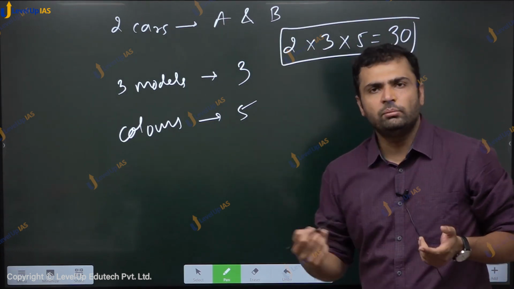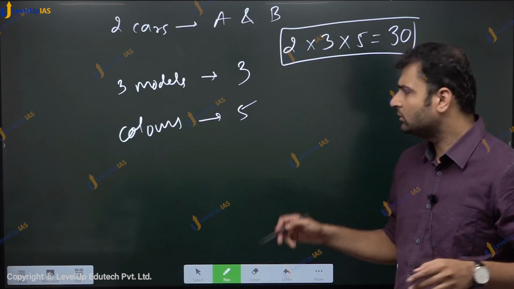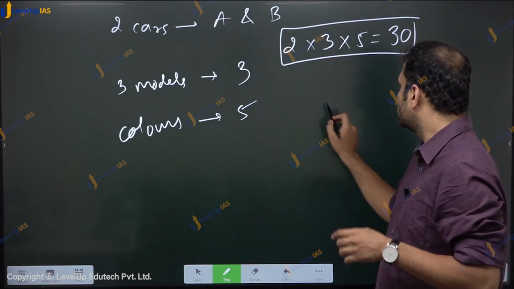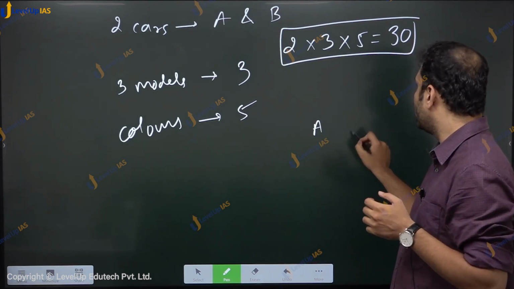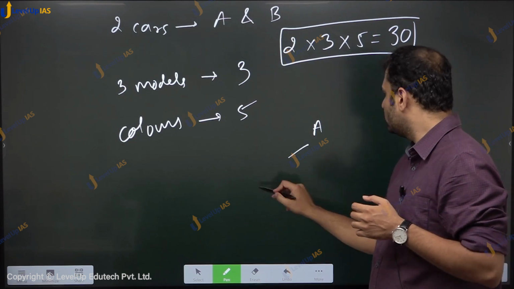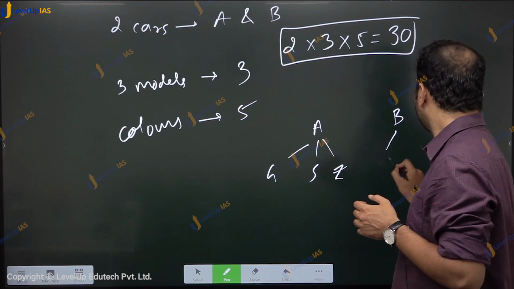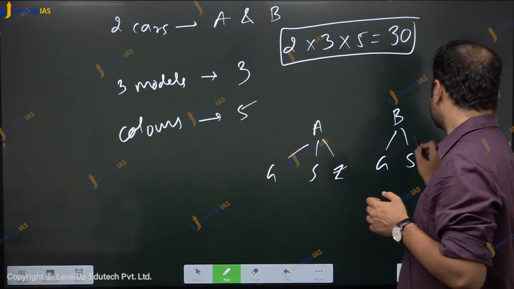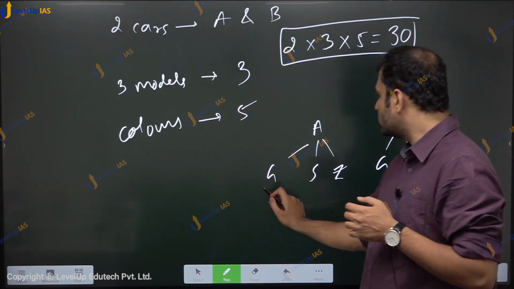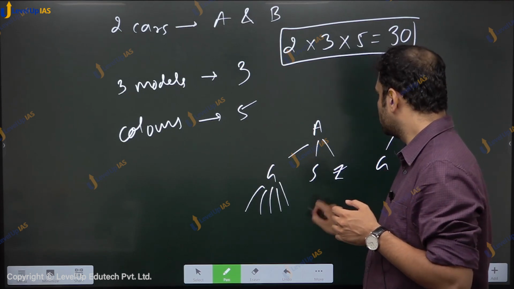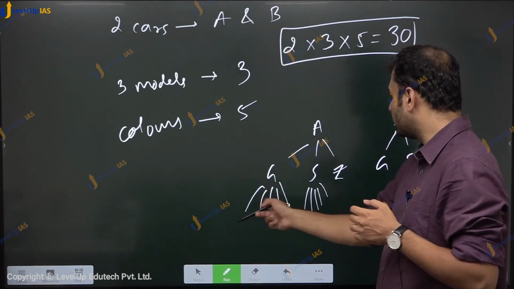Correct. One more way, you can directly enlist. So you can say that she can choose car A or car B. If car A, you have 3 choices: GXI, SXI, ZXI, and B is also GXI, SXI, ZXI. And for each, we have 5 choices, color के 5 choices.